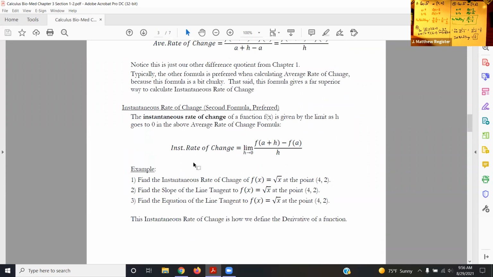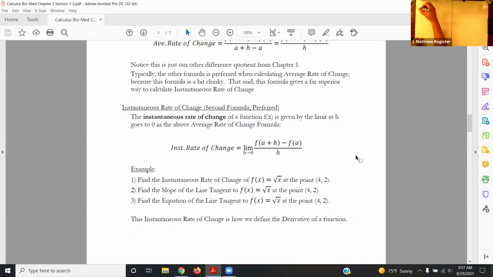But this one is exceptional at finding the instantaneous rate of change. And so the instantaneous rate of change of a function, f of x, is given by this limit. The limit as h goes to 0 of f of a plus h minus f of a over h. And let's try this with the function we just worked through. So it says, find the instantaneous rate of change of f of x equals the square root of x at the point 4, 2.